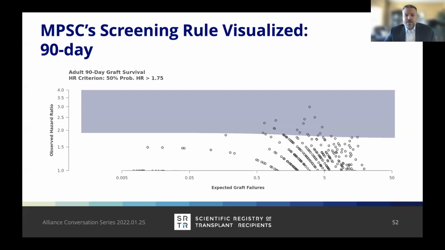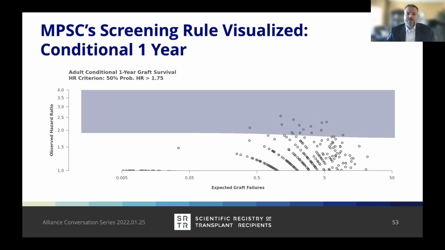And therefore you can see most of these dots in the purple zone tend to be in the hazard ratio area of 2 or worse, or very close to 2 or worse, meaning that their failure experience is actually double what we would expect. And again, this is the first 90 days. Similar boundary applies for the conditional 1 year. So again, here you can see the programs that would fall out into that space there.